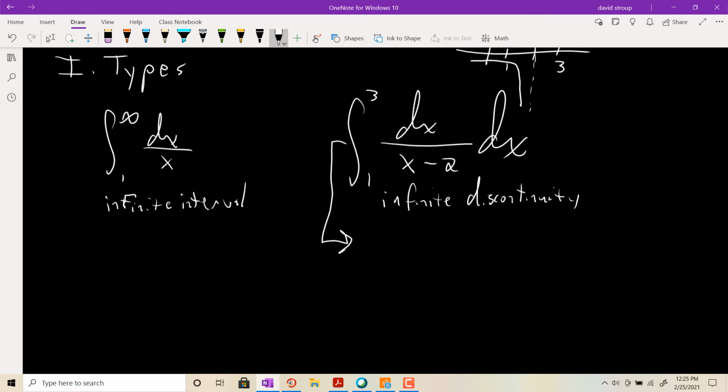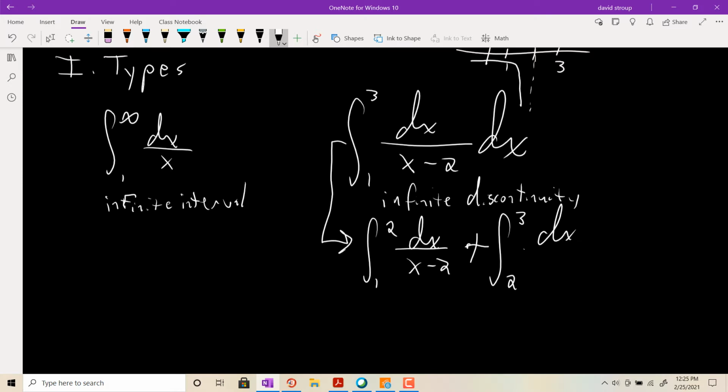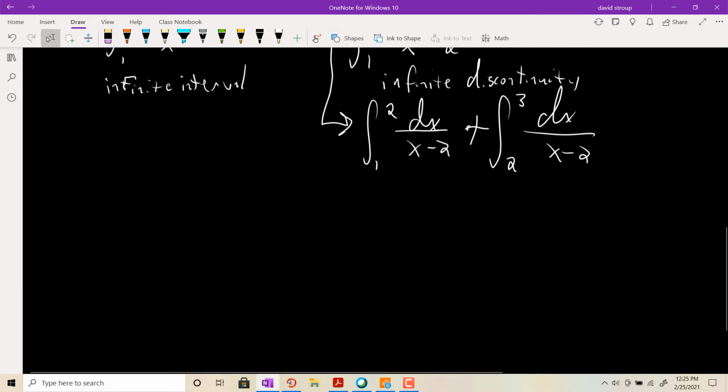But for this one, you could cut it into two integrals, and then take limits as you approach the discontinuity at 2 on both integrals. Okay. And I just saw that I have 2 dx's. That's not new, that's just me screwing up.